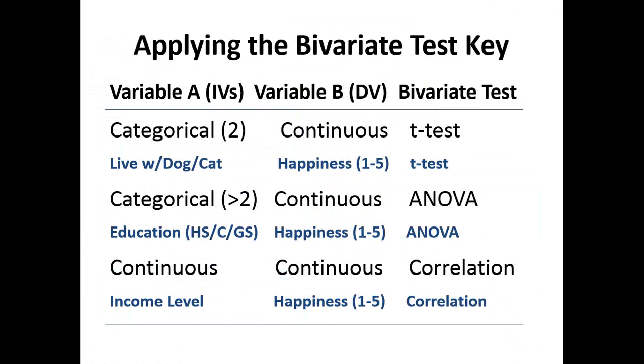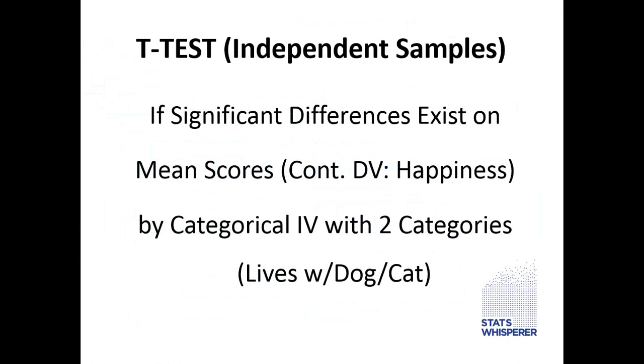And if you recall, with our bivariate test key, right up at the top, the first line, if you have a categorical variable with two categories, such as living with a dog or a cat, and a second variable which is continuous, such as happiness, you would use a t-test. Right?